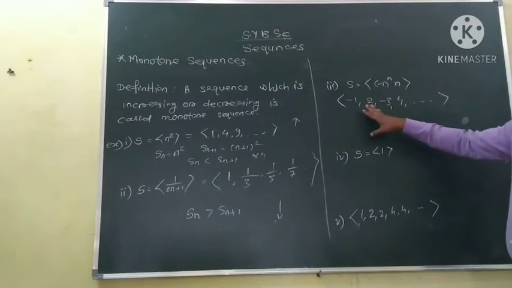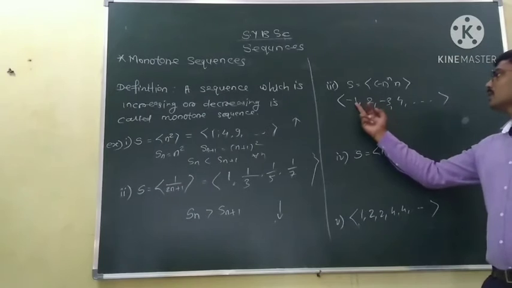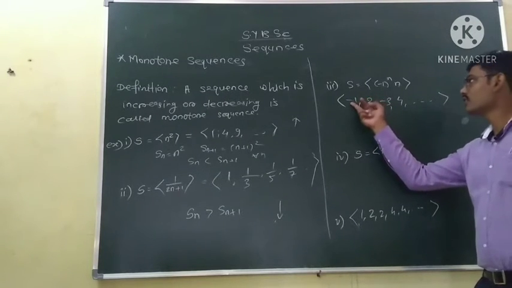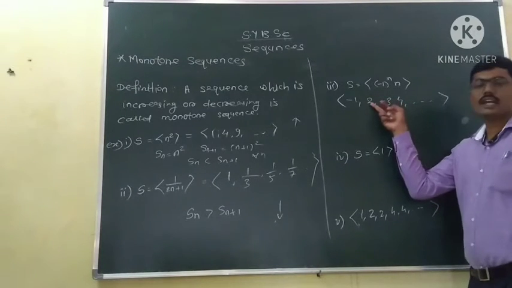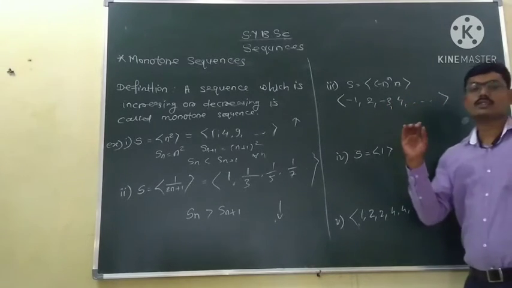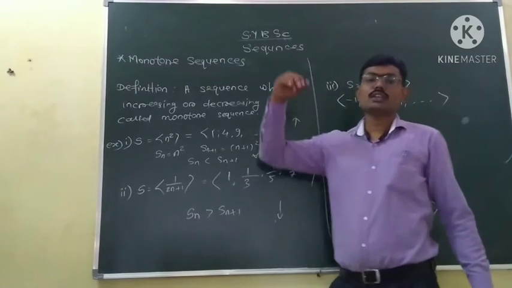Now there is no pattern here. See, the first element was minus 1, the second is plus 2, so the second is greater than the first. Now the third element is minus 3, which is less than the second term. Again, the fourth term is greater than the third term. So there is no pattern where the sequence goes on increasing or decreasing.